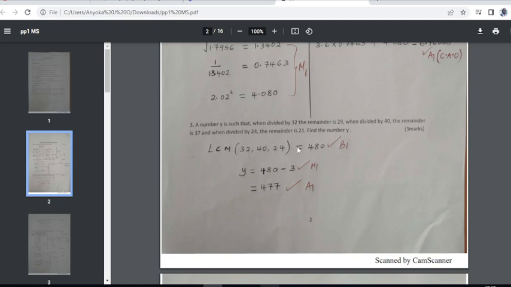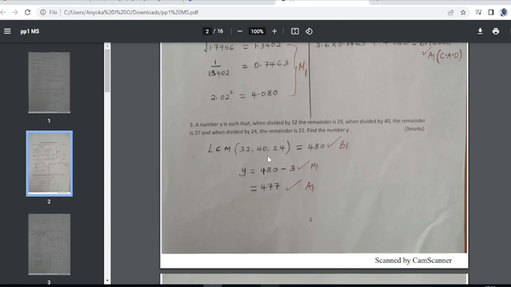This number y will be our dividend, on the numerator, so y divided by 32. So 32 is the divisor, 40 is the divisor, and 24 is the divisor. So find the LCM of the divisors 32, 40 and 24, which is 480.